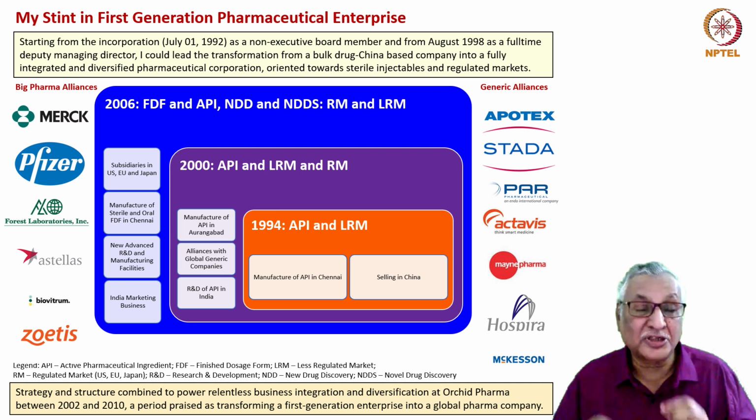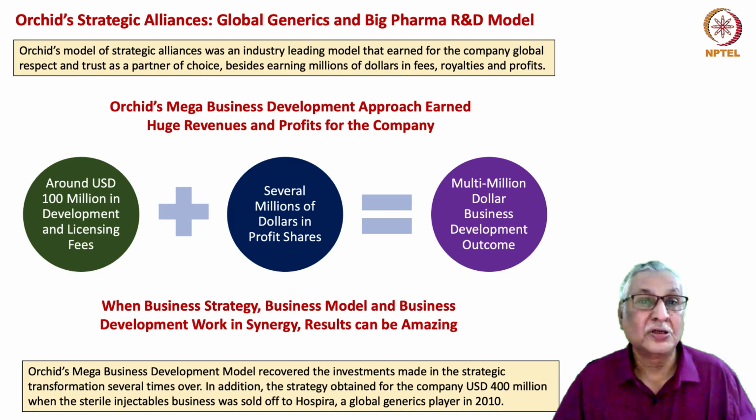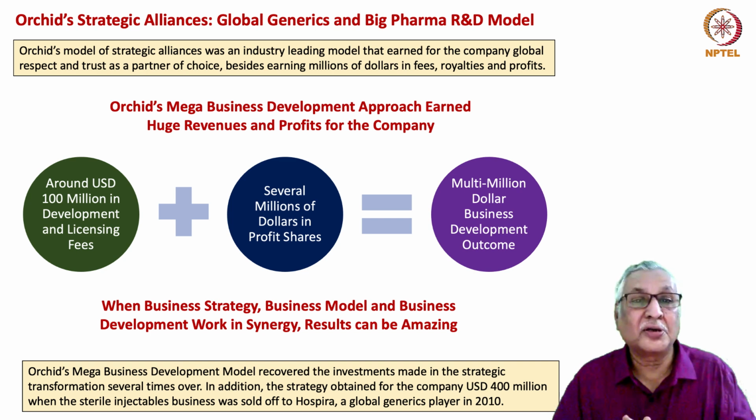It could structure alliances with globally reputed generic and big pharma companies and in fact supply those products all over the world based on such alliances. So Orchid's strategic alliances, big pharma R&D model combined with the big generic model was an outstanding success.